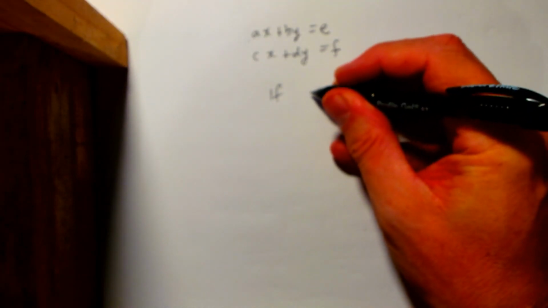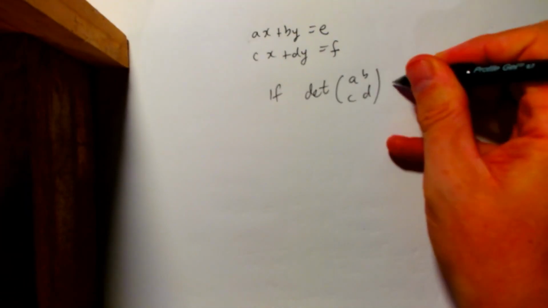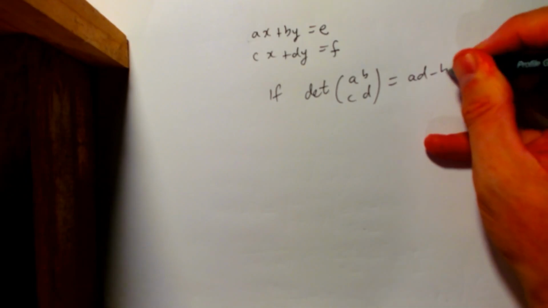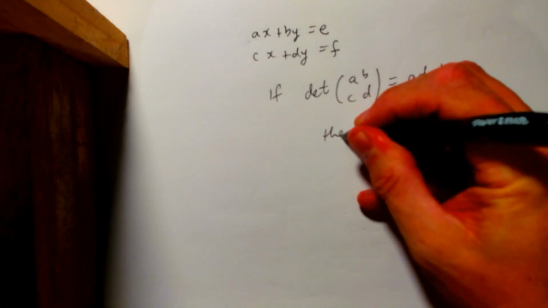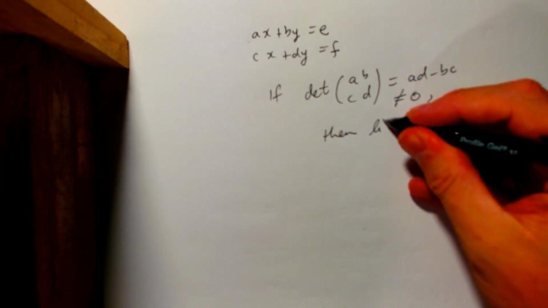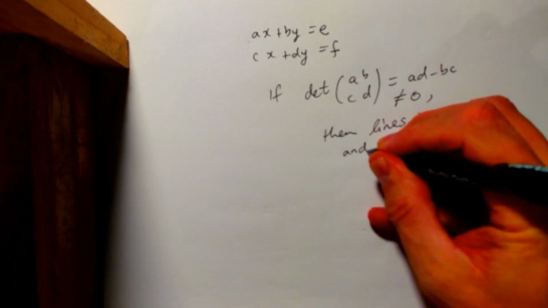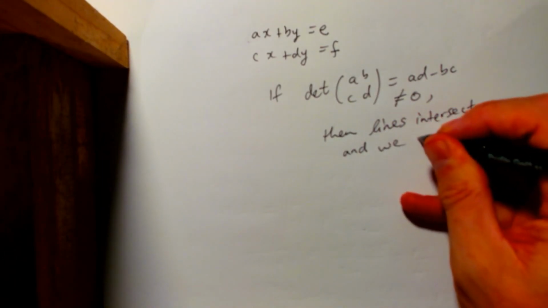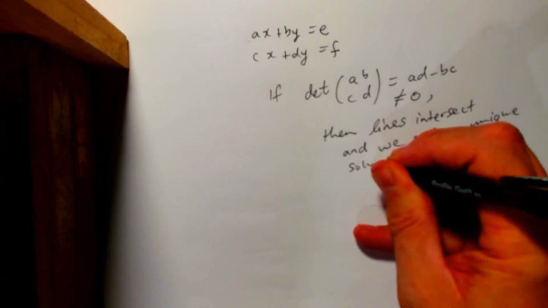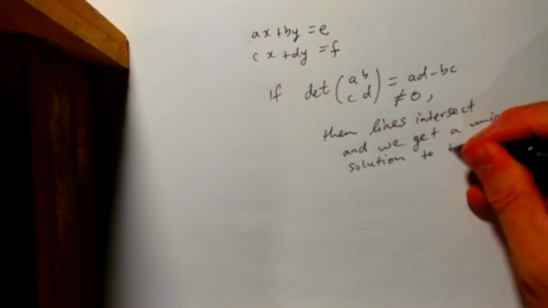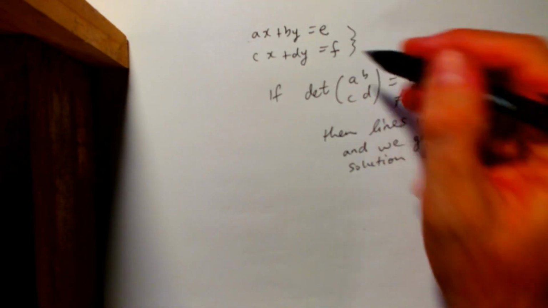So if the determinant of the matrix A, B, C, D, which incidentally is AD minus BC, is not equal to 0, then the lines intersect, and we have a unique solution to the system that is this.